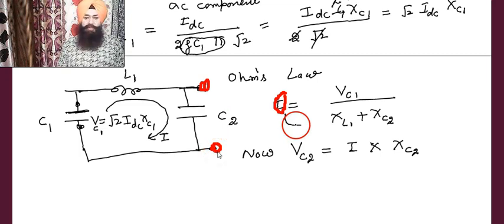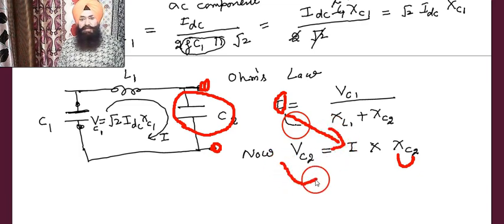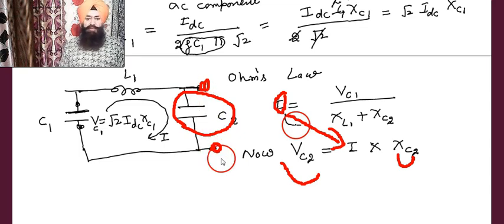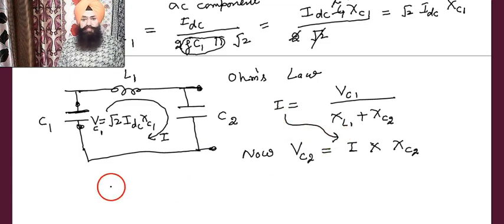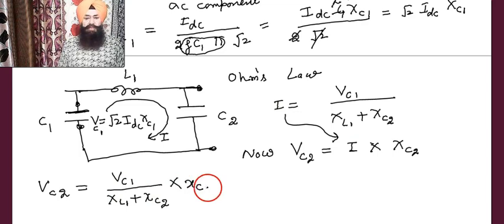Again, applying Ohm's law, that is the current which is flowing multiplied by the reactance of C2, that is XC2. So substituting I here, we'll get VC2, the voltage across C2, the RMS voltage across C2. So current into XC2.